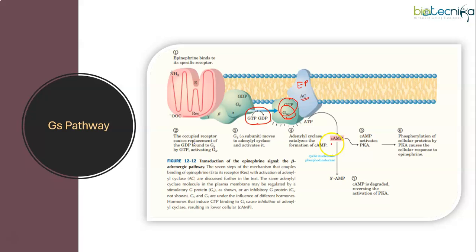This enzyme catalyzes the conversion of ATP to the second messenger, cAMP, which in turn activates protein kinase A, thereby phosphorylating the target proteins to generate the cellular response. In case you add phosphodiesterase here, it will result in the breakdown of second messengers. So this will result in the termination process.